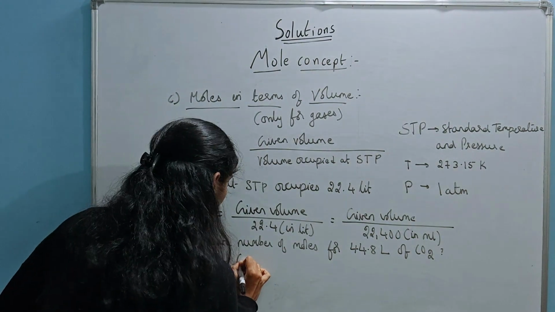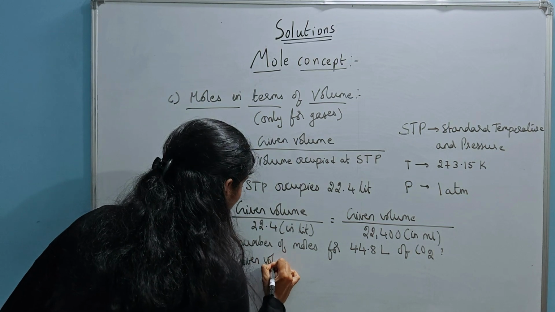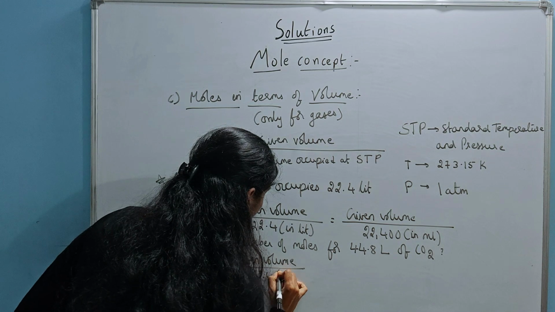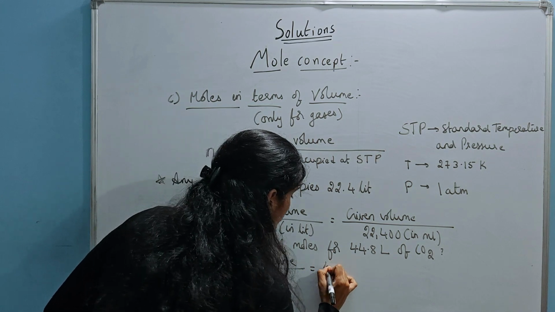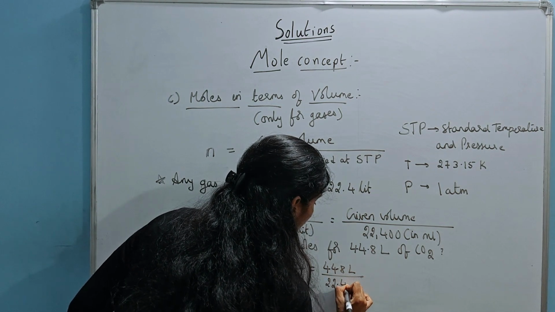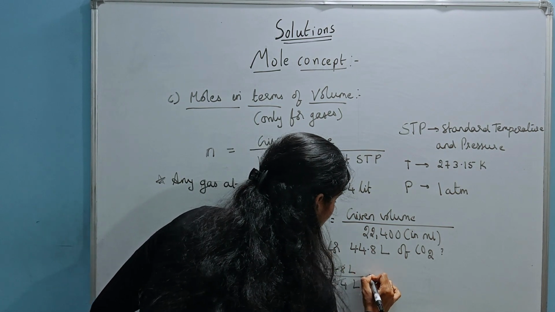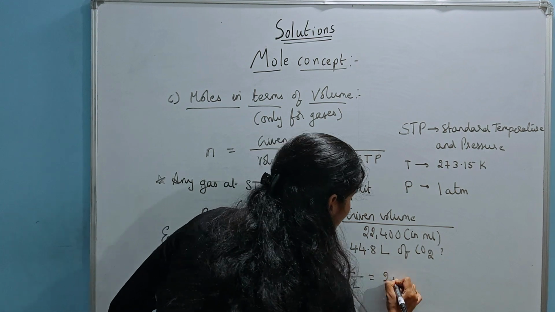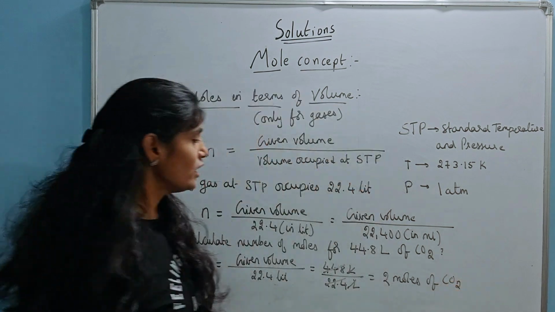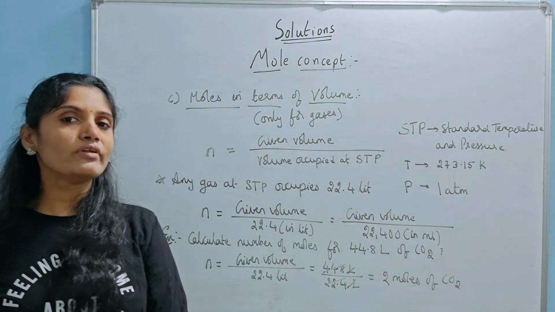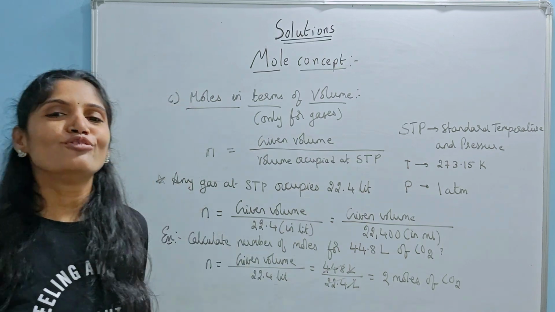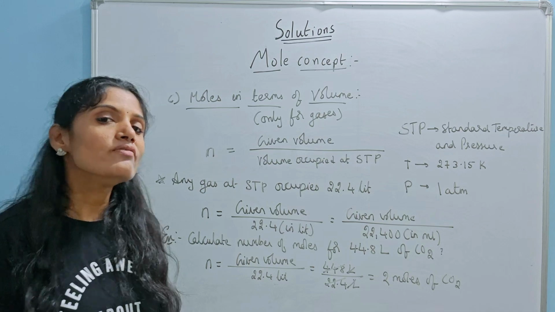Number of moles is equal to given volume divided by 22.4 liters. So what is the given volume? 44.8 liters divided by 22.4 liters, which is equal to 2. Liters also get cancelled. So it is 2 moles of CO2. So 44.8 liters of CO2 is equal to 2 moles of CO2.